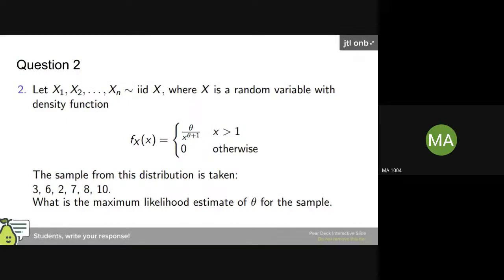Taking derivatives will be easier when you take the log. Without the log also you can differentiate it if you are good at calculus, but taking the log will help you with simpler calculations.